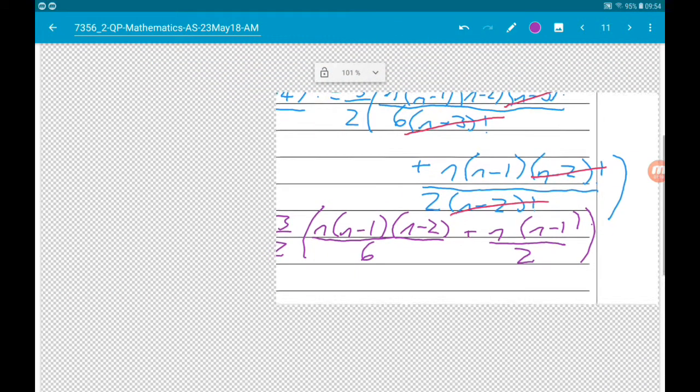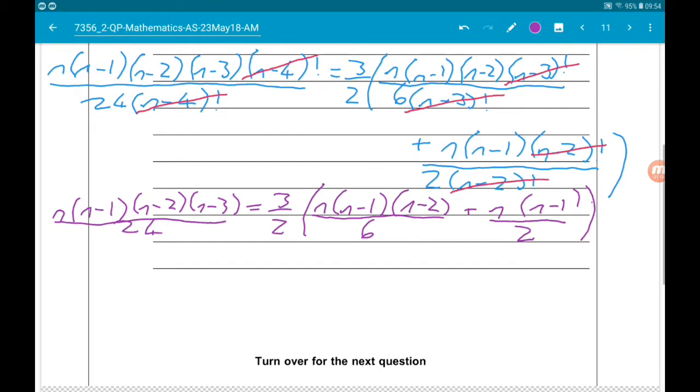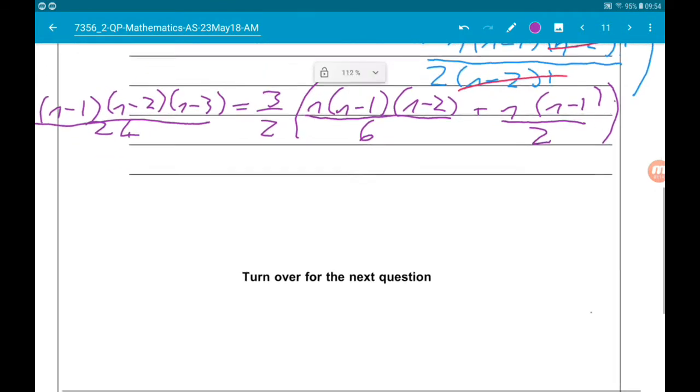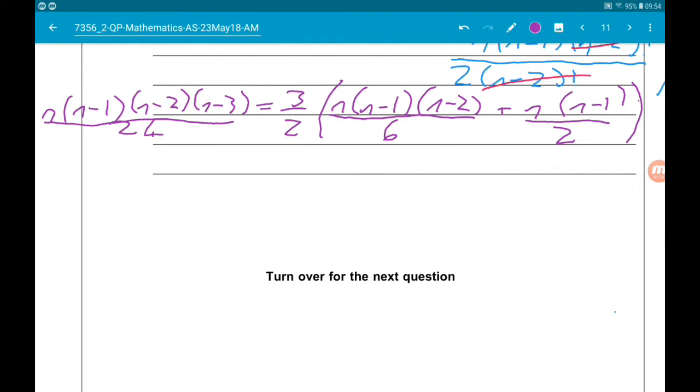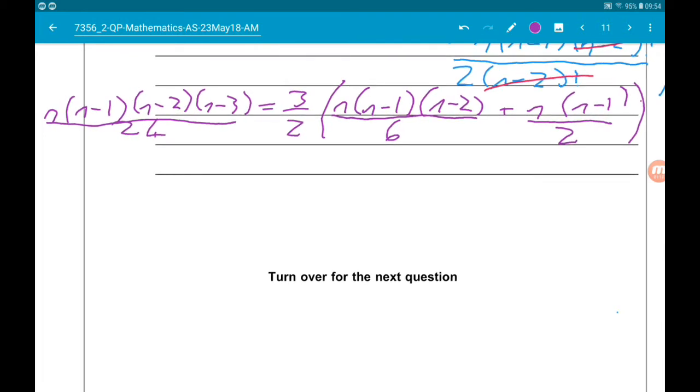Okay, so it's starting to look a little bit nicer. All of our factorials have gone, so that's definitely good. Now then, do we have any more common factors that we can cancel out? The answer is yes. All 3 fractions up on top have an n times n minus 1. So we can divide through by n times n minus 1.